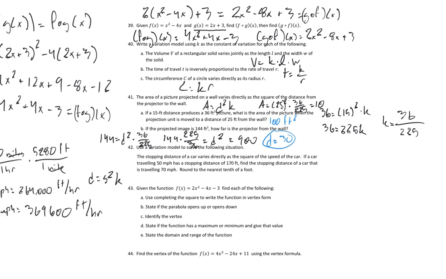Now that we're all in the same unit of feet and we want feet back, I think we're ready to do this. The car has a stopping distance of 170 feet, so 170 equals 50 miles per hour, which we convert to our feet per hour, squared, times k.